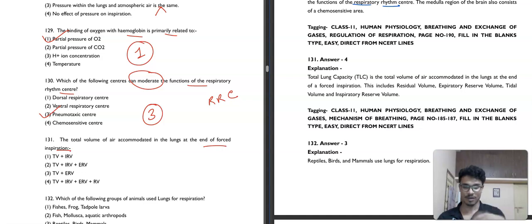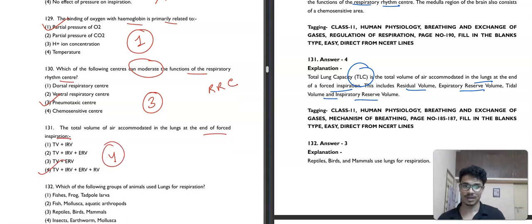The total volume accumulated in the lungs after forced inspiration is the total lung capacity. It basically includes residual volume, expiratory reserve volume, tidal volume, and inspiratory reserve volume. The fourth option is our correct answer.